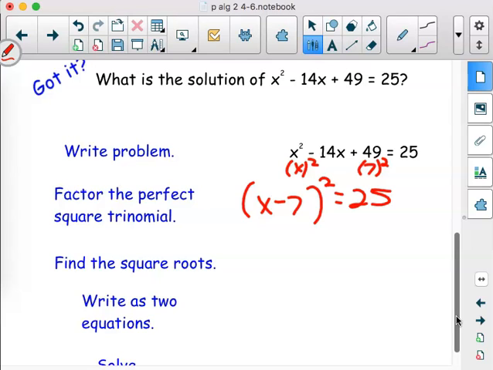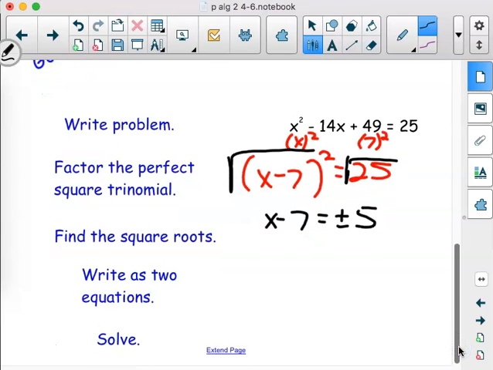So, again, we have to look at this a little different and say, okay, I don't want to multiply that out. I want to take the square root. And I know the square root of 25, it's 5. So x minus 7 is going to equal plus and minus 5.